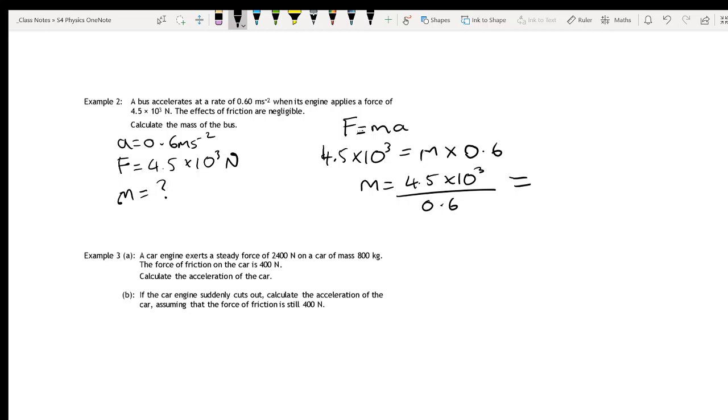Yeah? What do you mean, what letters? You could say it's forward force and backwards force, FF and FB if you wanted, or something like that.